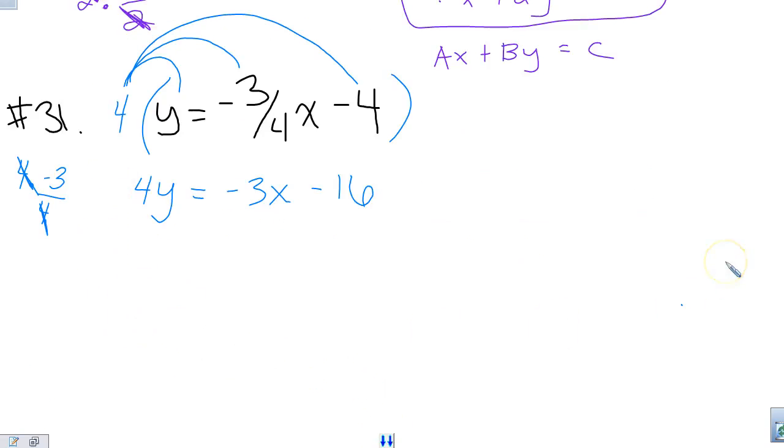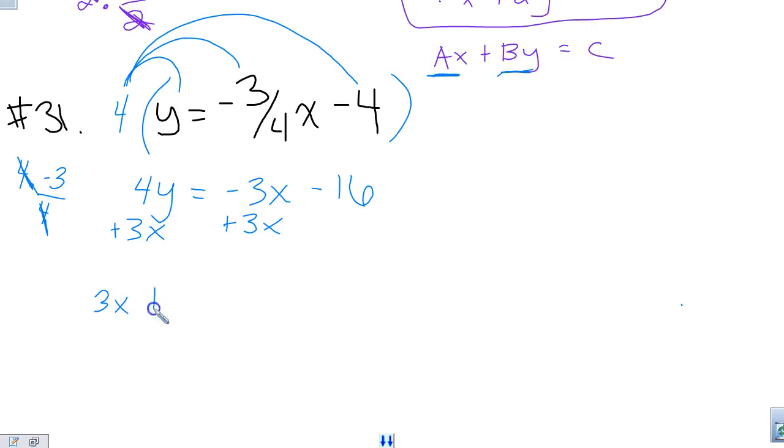If I want to write this in standard form, what do I have to do? We've gotten rid of all the fractions. So now how do I get it to say ax plus by? Good. We're going to add 3x to both sides. So I'm going to write my 3x first because it's supposed to say ax plus by.